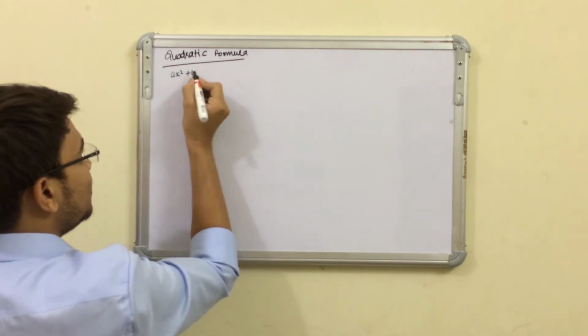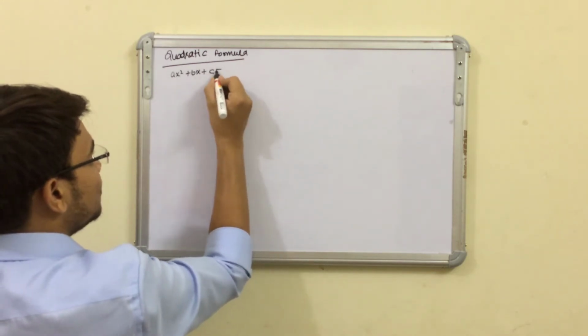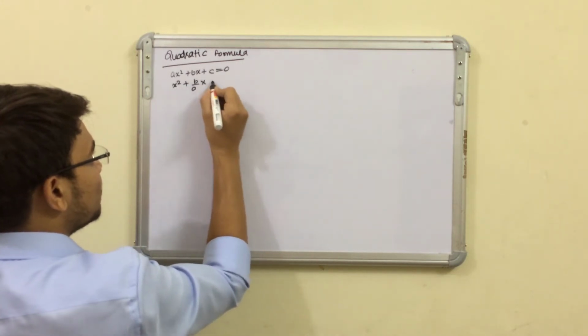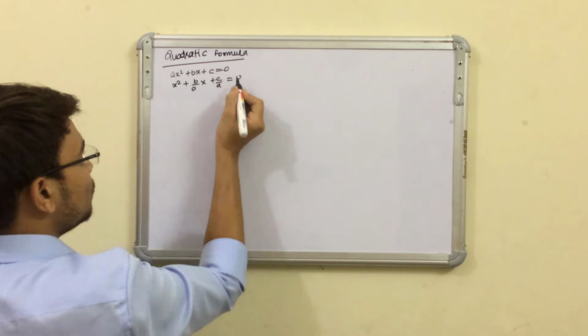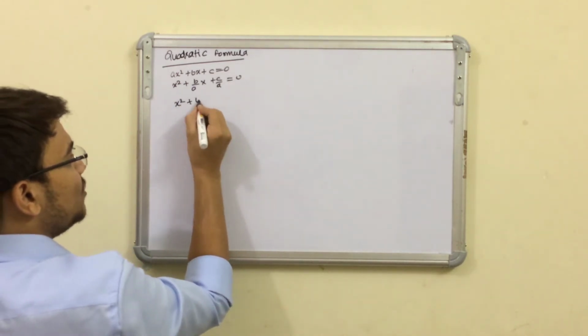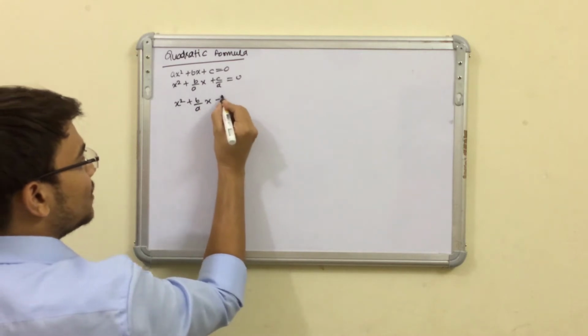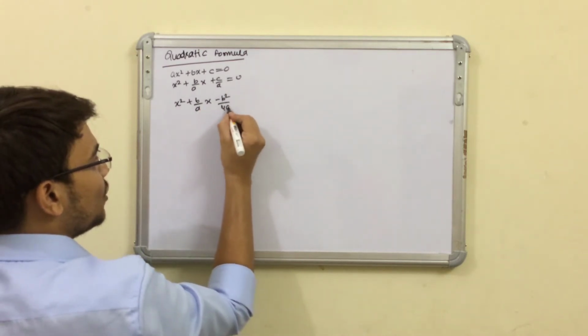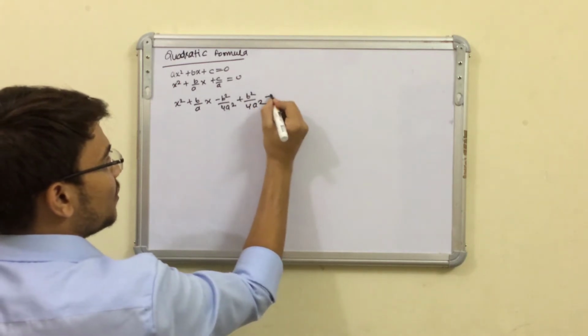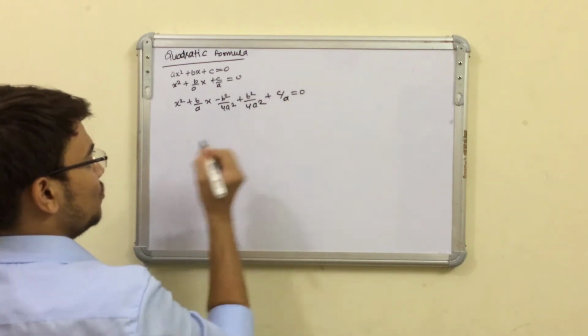Ax square plus bx plus c is equal to 0. Dividing by a, x square plus b upon a x plus c upon a is equal to 0. Then x square plus b upon a x minus b square by 4a square plus b square by 4a square plus c upon a is equal to 0.